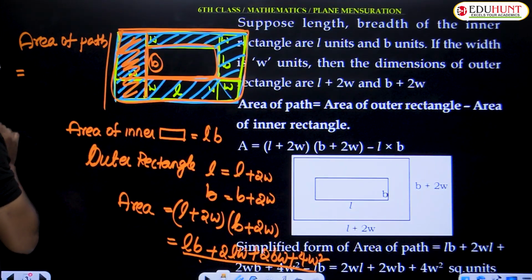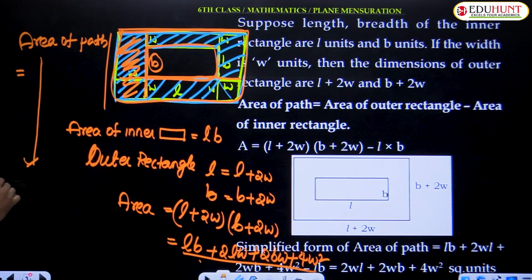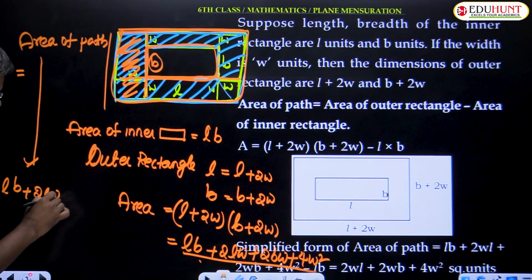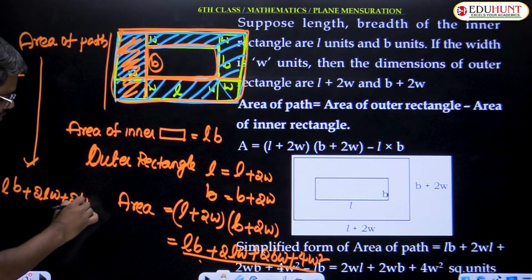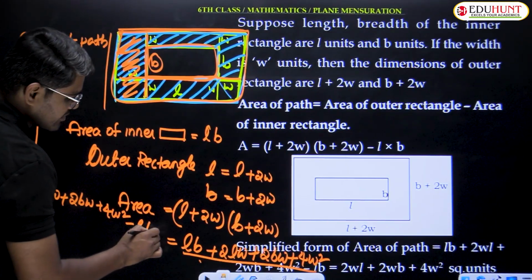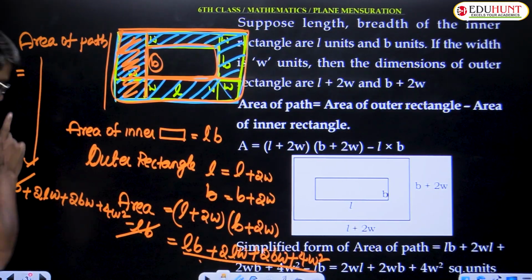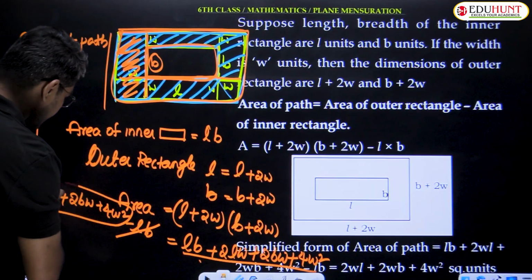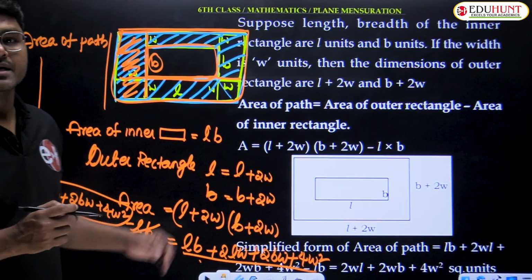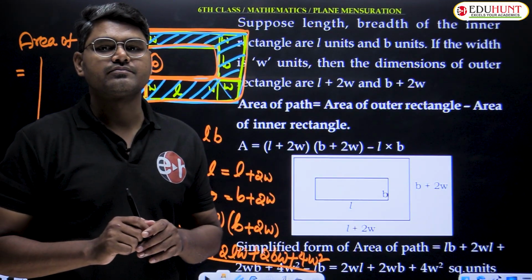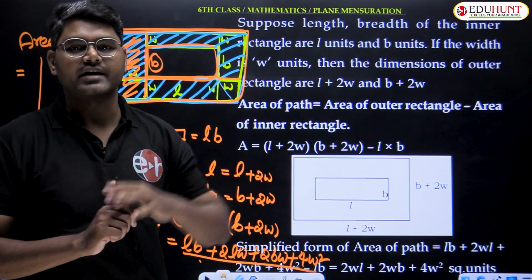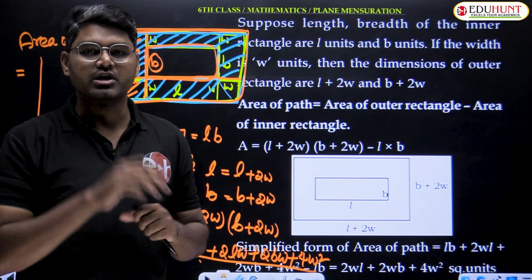I am writing over here, LB plus 2LW plus 2BW plus 4W square minus LB. This LB and this LB cancelled. So the area is 2LW plus 2BW plus 4W square, which is the area of the path. This is how we have to find the area of a path of a rectangle which is having width W.